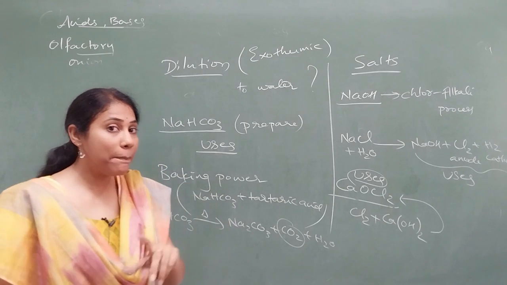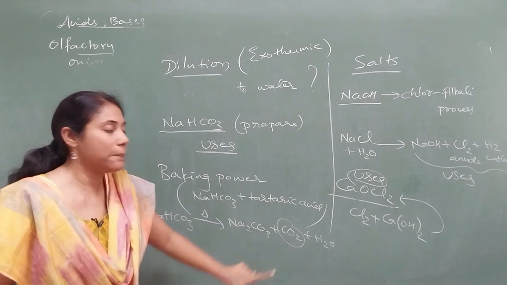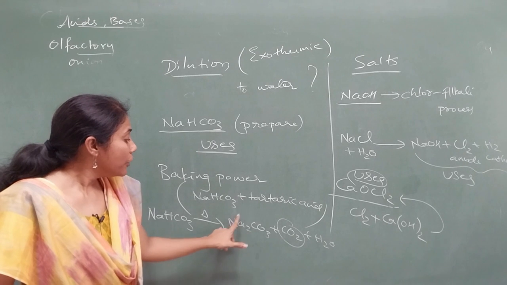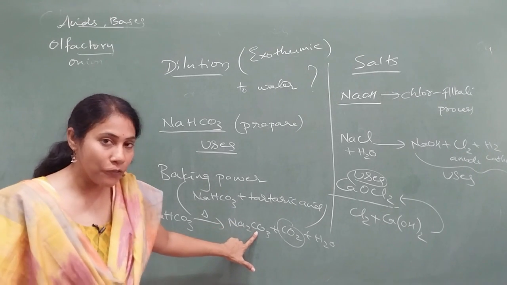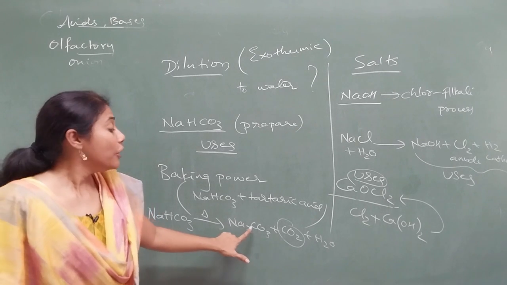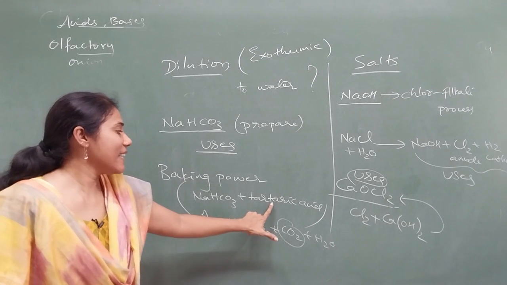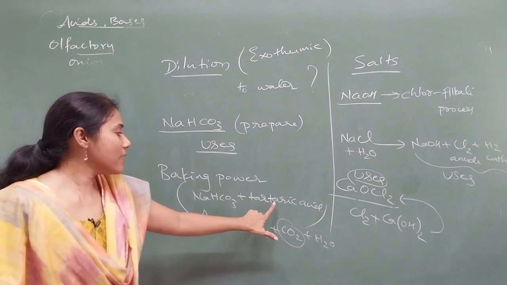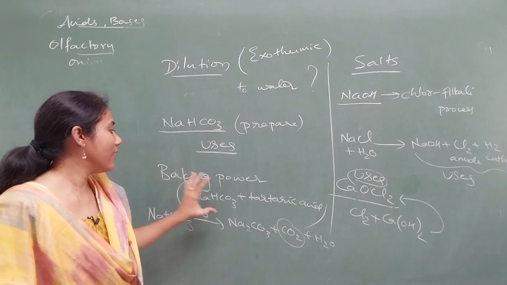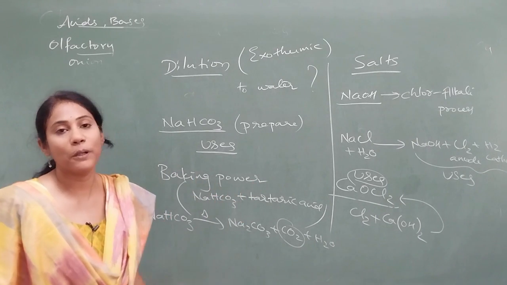Now, if too much sodium carbonate is there in the food, you will get a bitter taste. To remove that bitter taste, tartaric acid is added to baking powder. So that is the purpose of tartaric acid in the composition of baking powder.